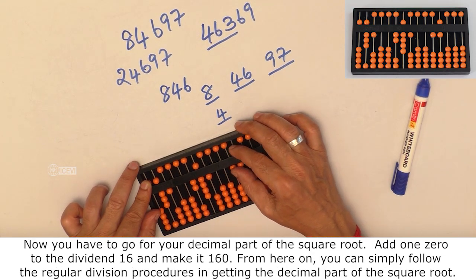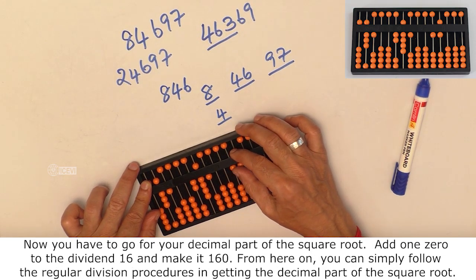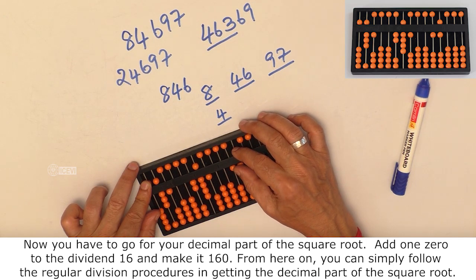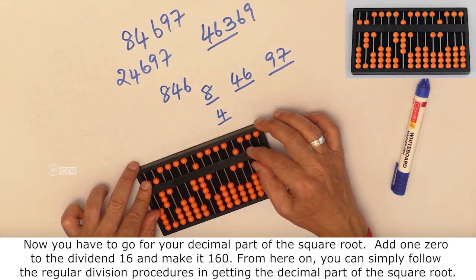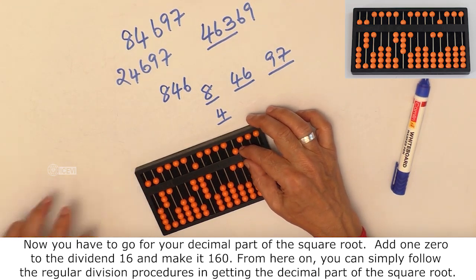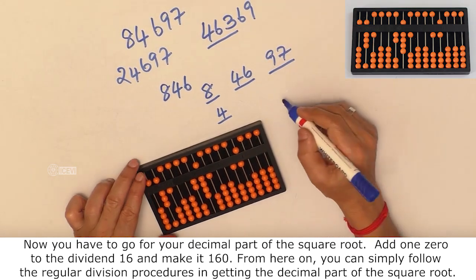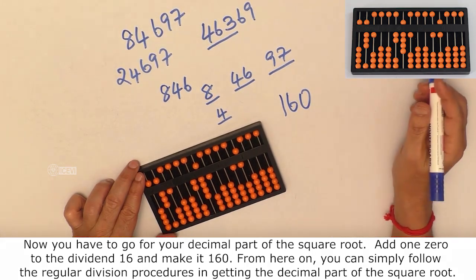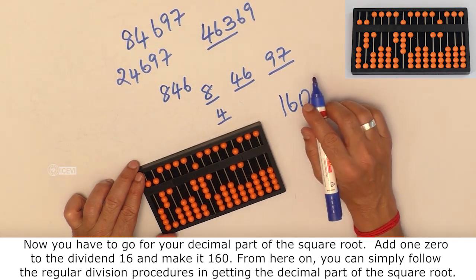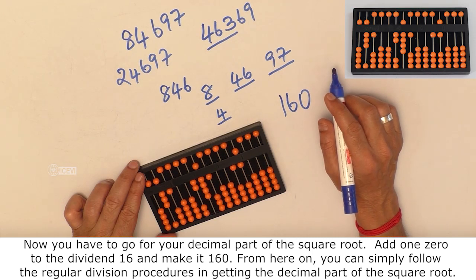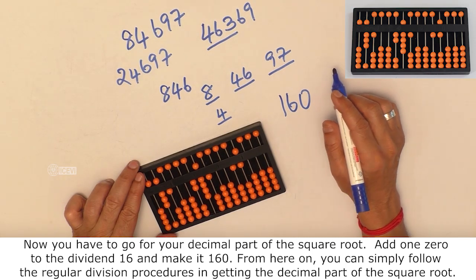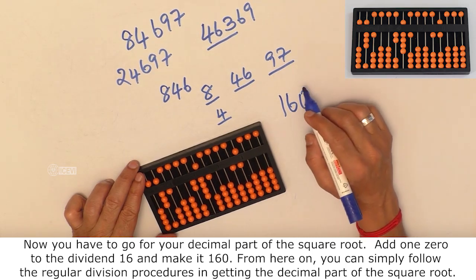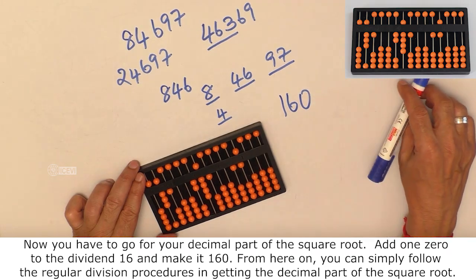Now you have to go for your decimal part of the square root. Add 0 to the dividend, which is making it 160 at this stage. Now from here on, you can simply follow the regular division procedures in getting the decimal part of the square root.